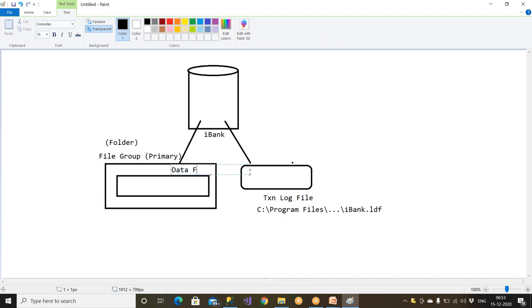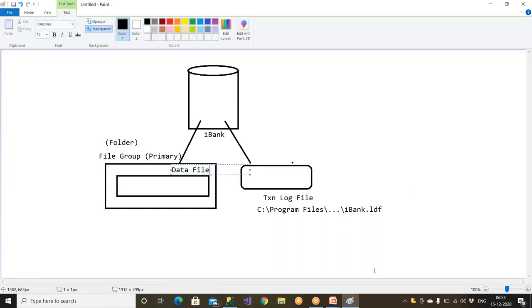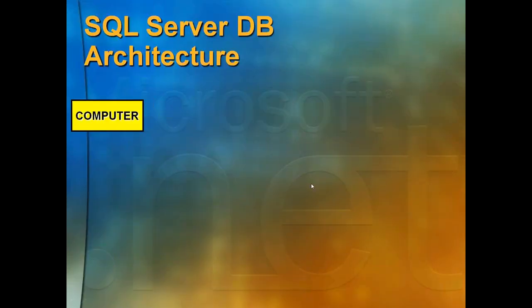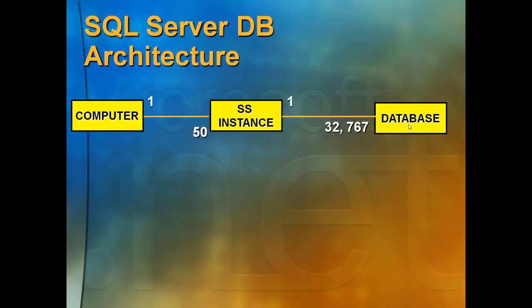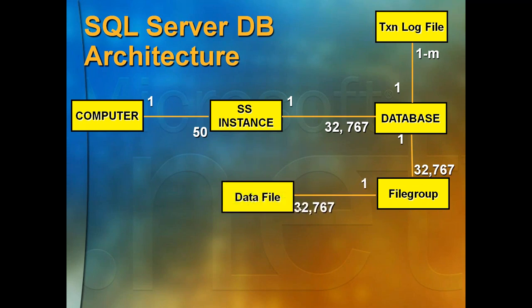So when you create one database, one database will have a minimum of one file group and a minimum of one transaction log file. Within the file group, what is a file group? A file group is a folder, and within the folder you can have a minimum of one data file, but a maximum of this many files.